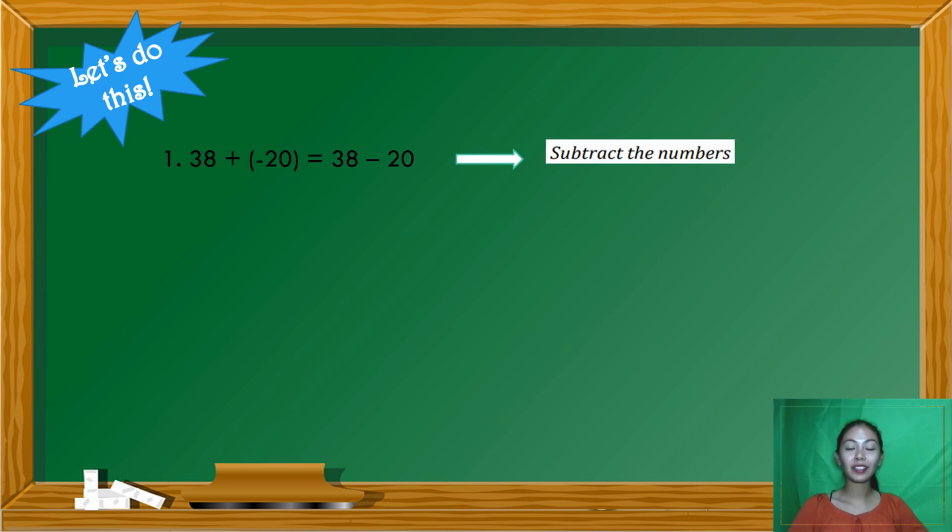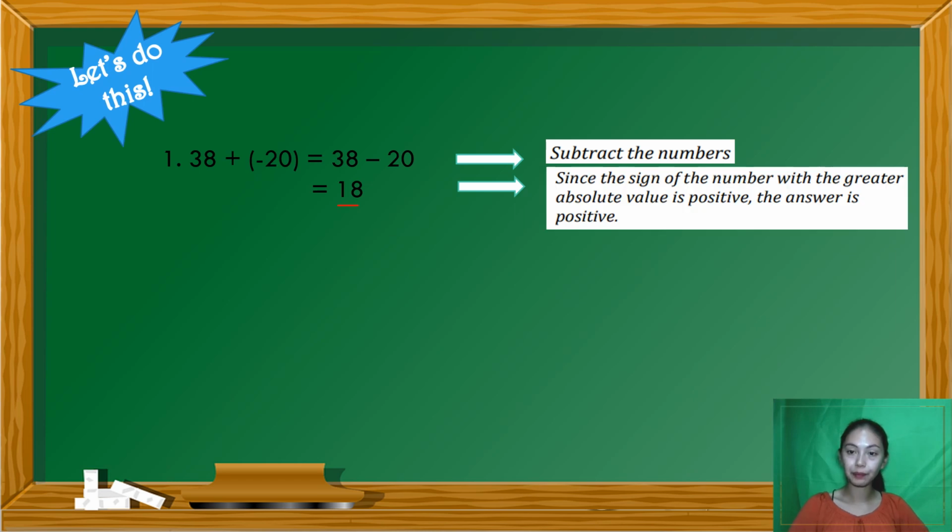Subtract the numbers. 38 minus 20 is 18. Why is it 18, not negative 18? Remember the rule that we will copy the sign of the bigger absolute value. Since the bigger absolute value of the two numbers is 38 and 38 is positive, that is why our answer is positive.